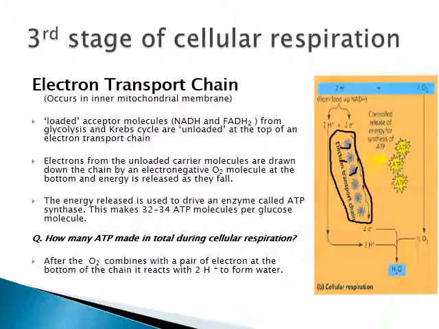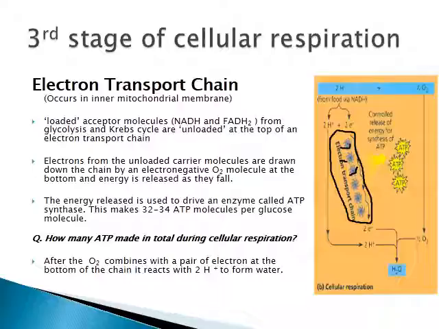So to the top of the chain, our carrier molecules, NADH and FADH2, which have come across from glycolysis and the Krebs cycle, they come to the top of the electron transport chain and they drop off their passengers, being hydrogen ions and electrons.